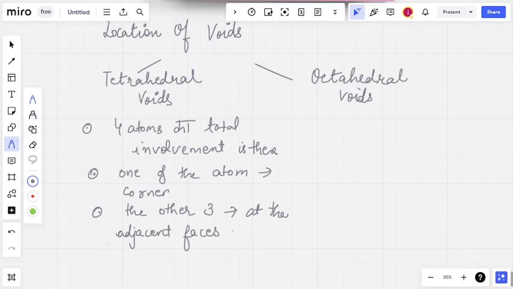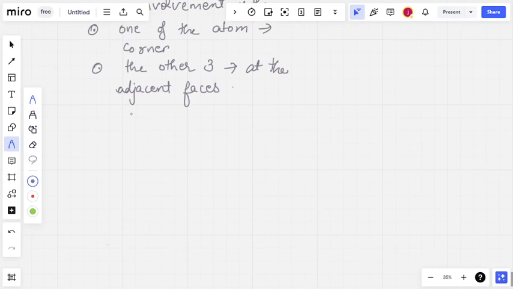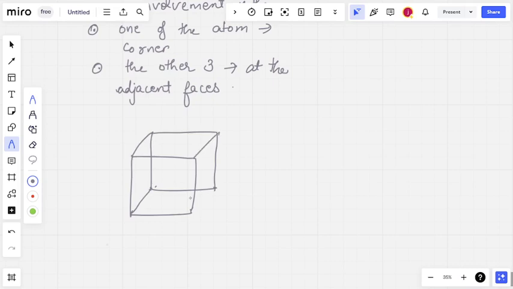So if I have to draw a tetrahedral void inside a unit cell, it would appear something like this. You also make the cube in your notebook and try to draw the tetrahedral void.